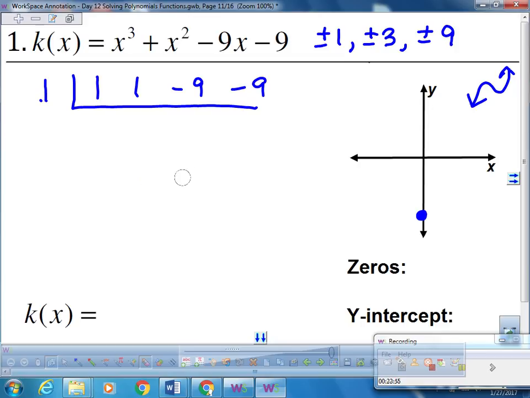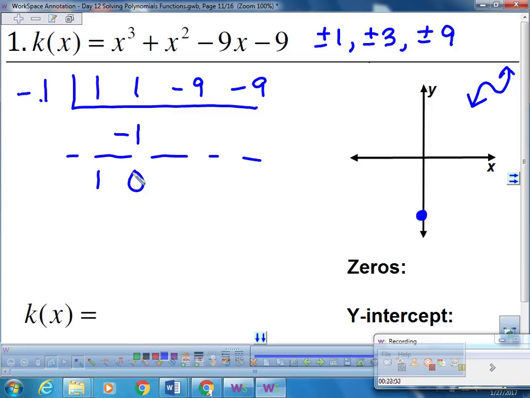and I'm going to try -1. As you get better at this, you'll start seeing it as you're going, and you'll be like, nope, that's not going to work. Okay? It seems like a lot of work, but you'll get better and better and better. It just takes practice. Bring down the 1. 1 times -1 is -1, 0. -1 times 0, 0. -9, you see it?